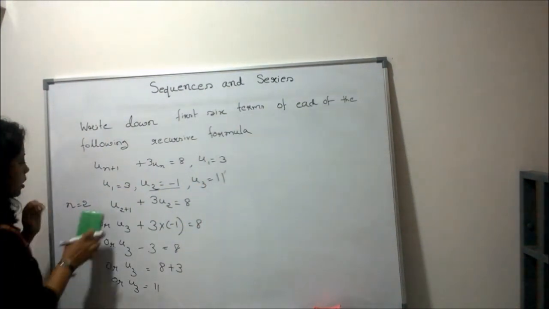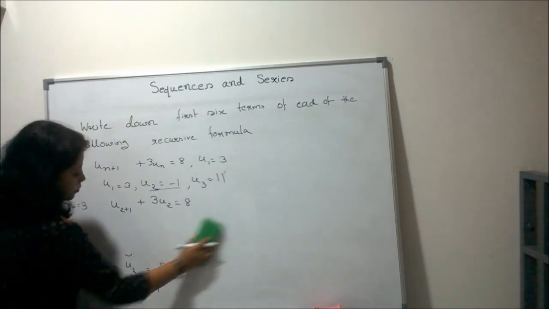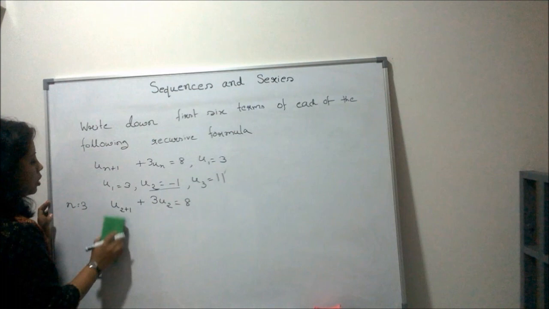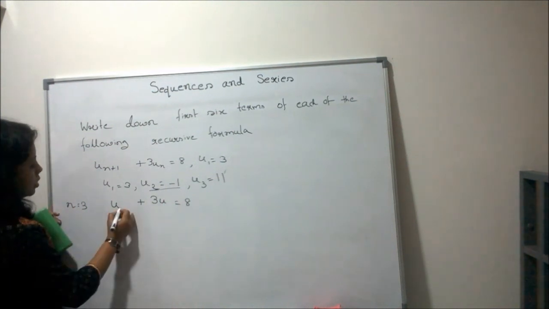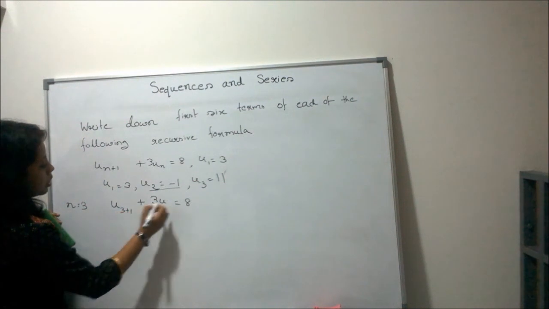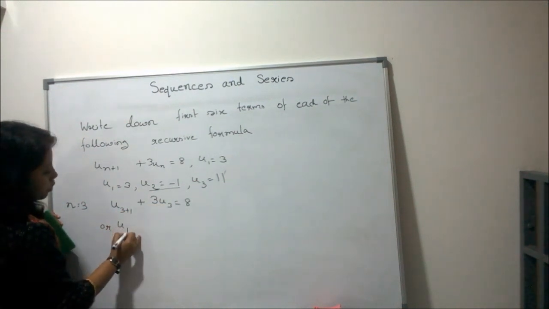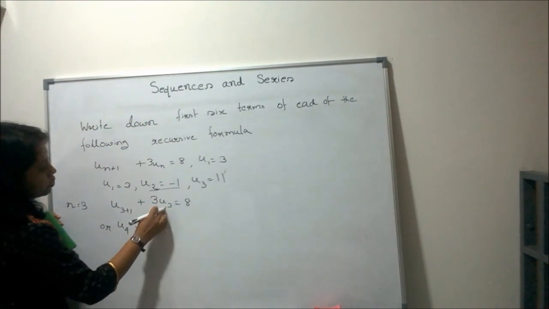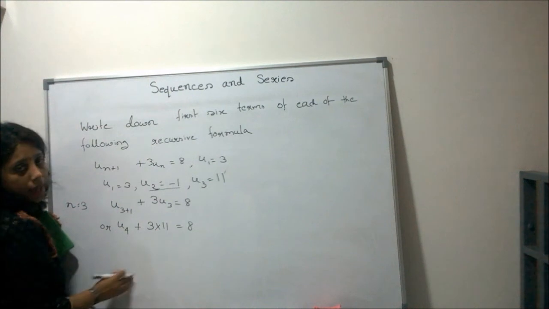Now we are taking n is equal to 3. So when n is equal to 3, here 3 plus 1 and here 3. So u4 plus 3 u3, with u3 being 11, is equal to 8.